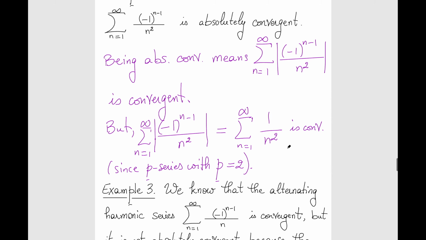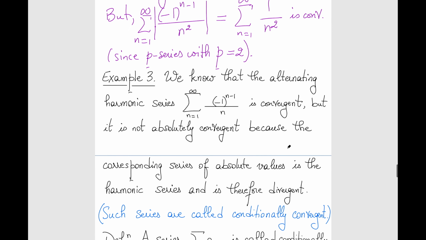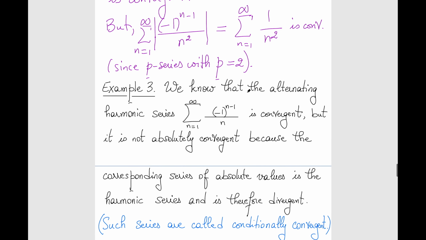Okay. The next example. So we know the alternating harmonic series, remember this in example 1 above? We showed that this series verifies the conditions of the alternating series test, and as such, that series is going to converge. But it's not absolutely convergent. Why? Because what's the absolute value of those terms?